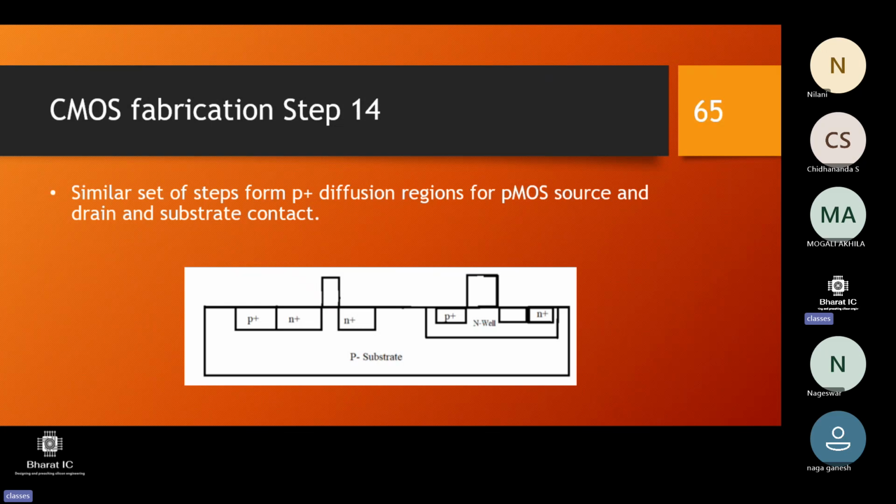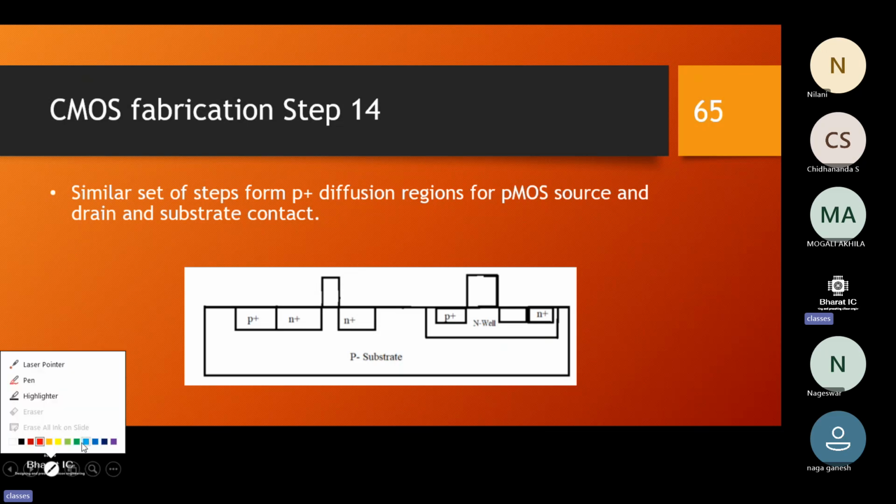Now in step 14, you will see a similar set of steps: P plus diffusion region for PMOS source and drain, and substrate contact. For the PMOS drain and source, the substrate contact should be there. If you have seen the layout, let me show you, you have seen this kind of blue metal structure on top of the devices, and a couple of contacts like this.